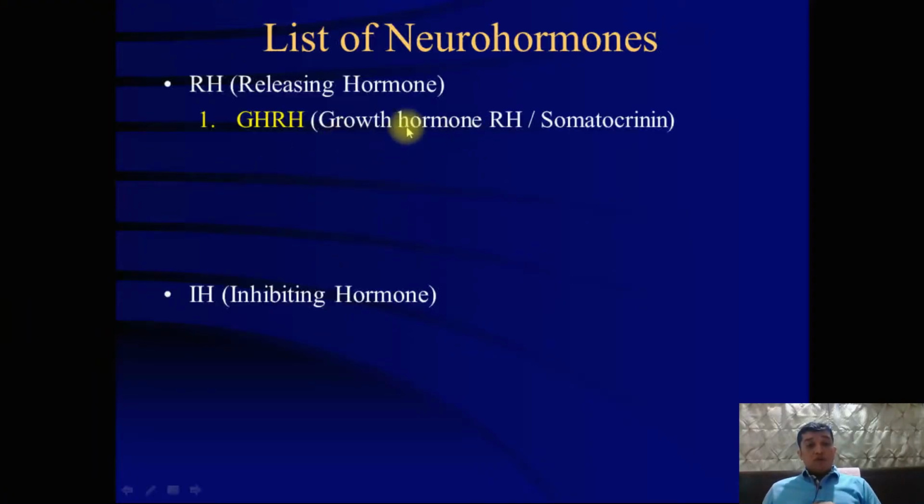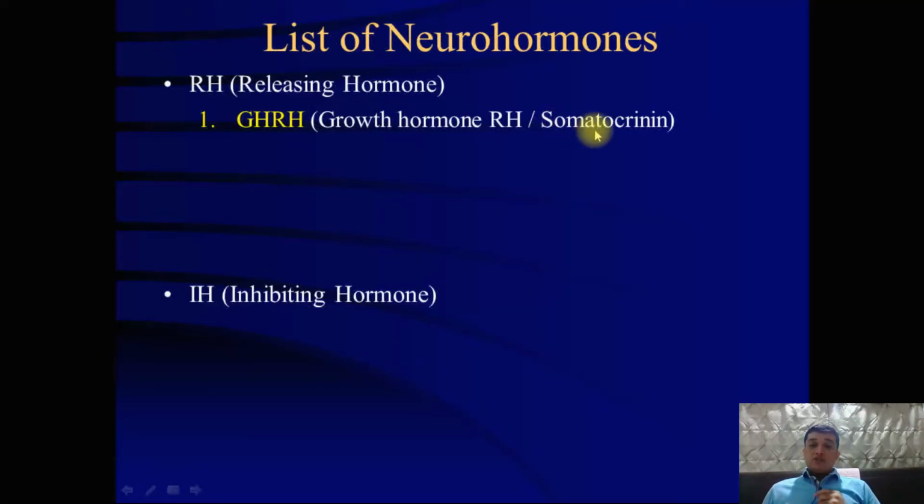Once released through the hypophyseal portal circulation, which we will understand in the next slides, it goes to the anterior pituitary gland and stimulates the release of a hormone called growth hormone. Because it gives a positive message that now you have to release, growth hormone is stimulated for release, that's why it is referred to as growth hormone releasing hormone.